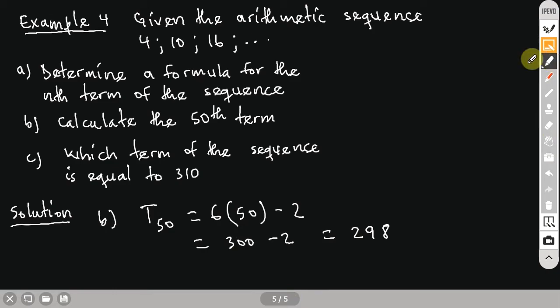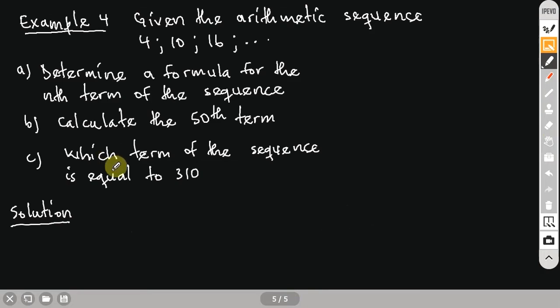Now let's do question C. Which term of the sequence is equal to 310? What question C is asking is to find T what, and I'm putting a question mark there.